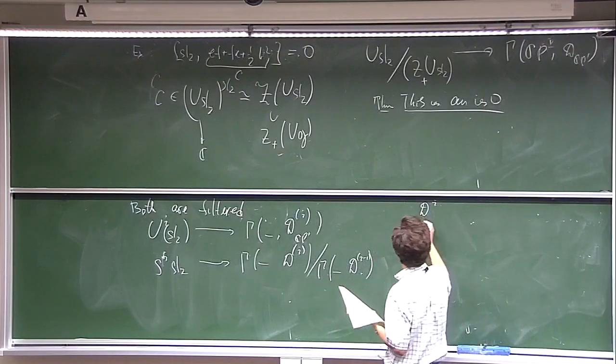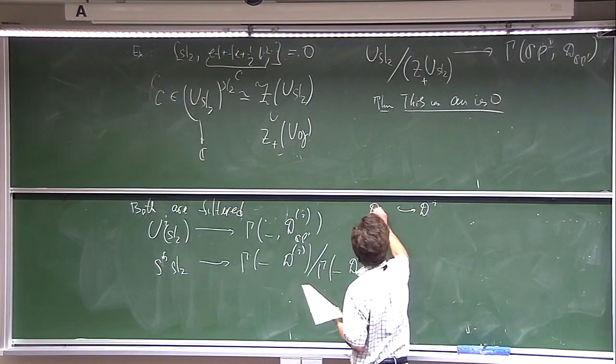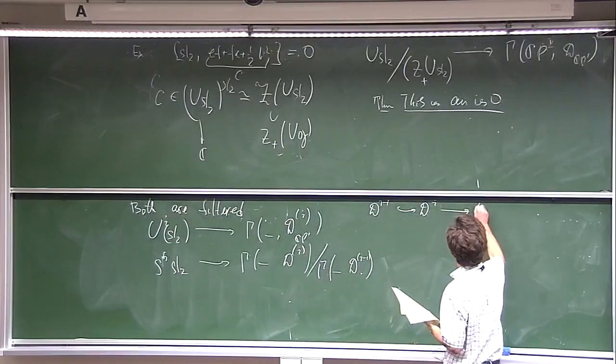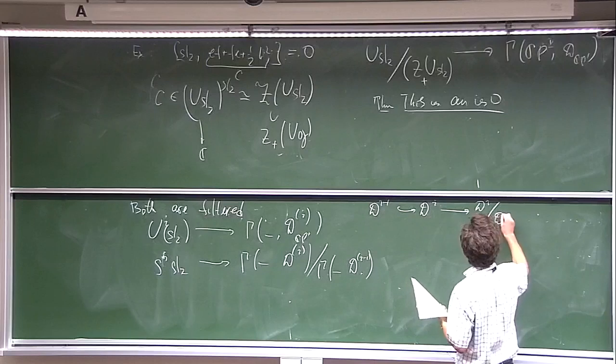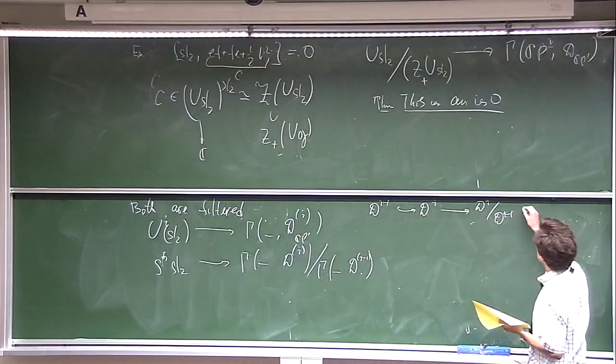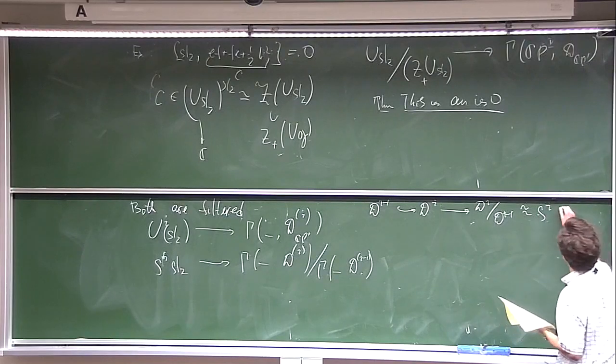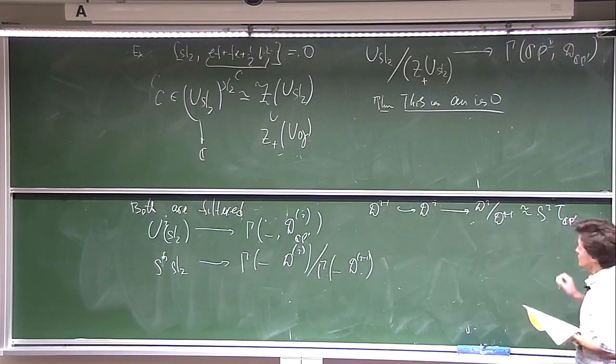This map, of course, is induced by the obvious embedding of sheaves. And this, as we discussed, is precisely the i-th symmetric power of the tangent sheaf.